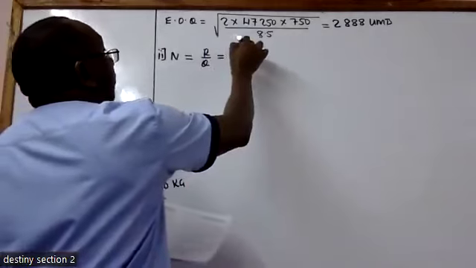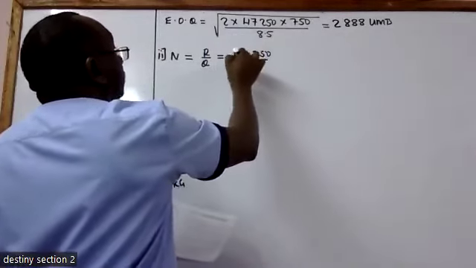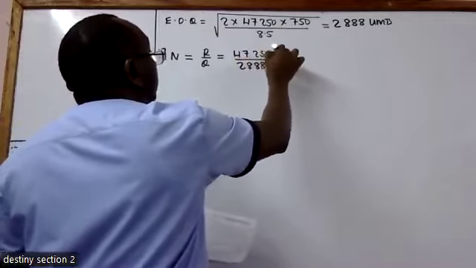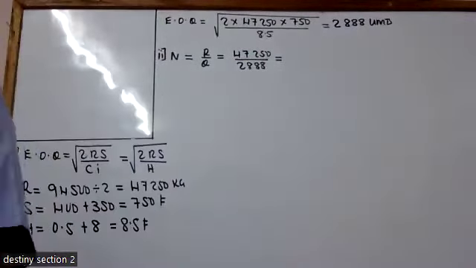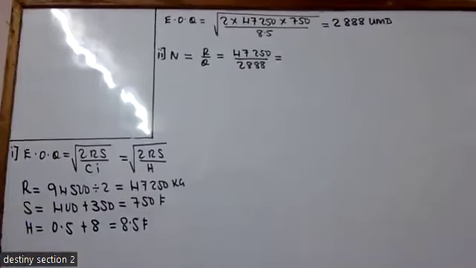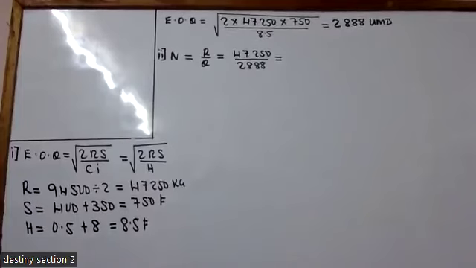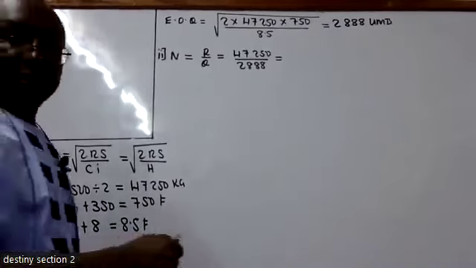So this will be 47,250 divided by Q. That will tell us 16.36.